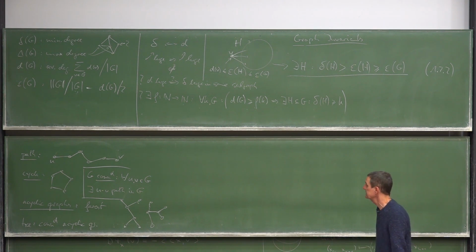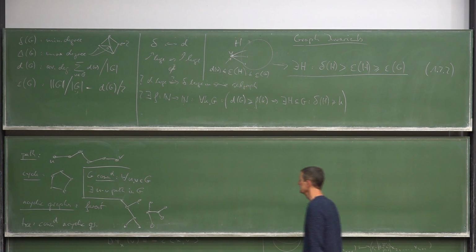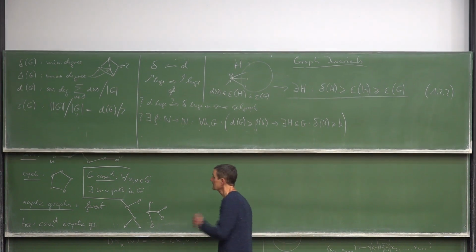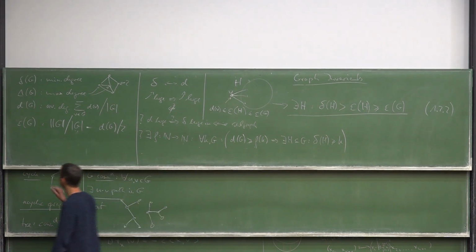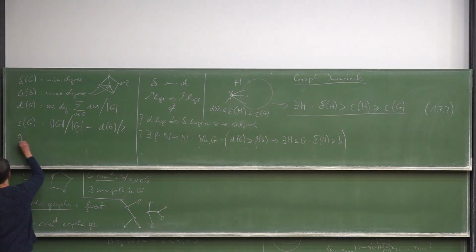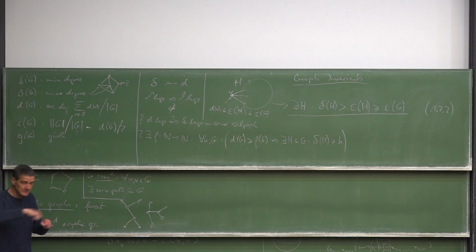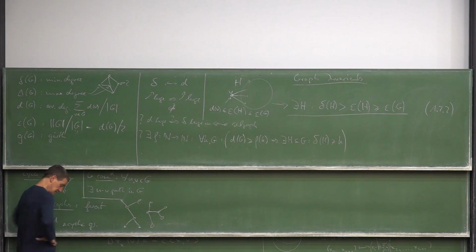Now we get our next invariant. g of G is the girth of G. The girth is, well, how fat you are. So this is my girth, right?